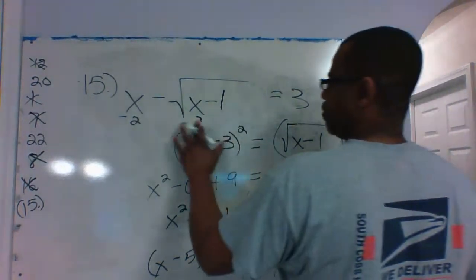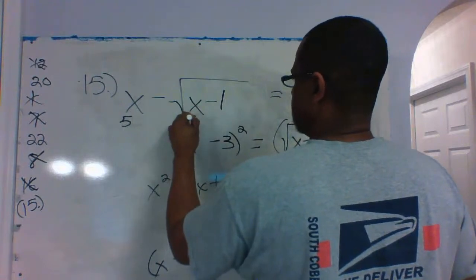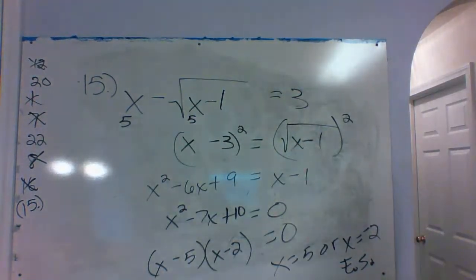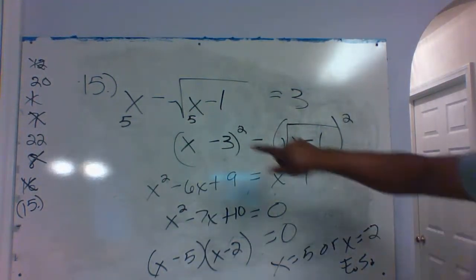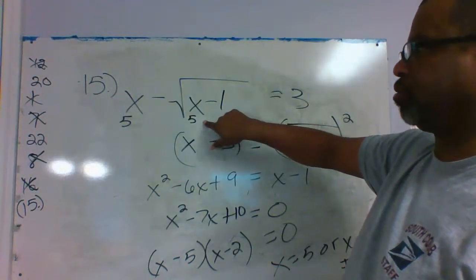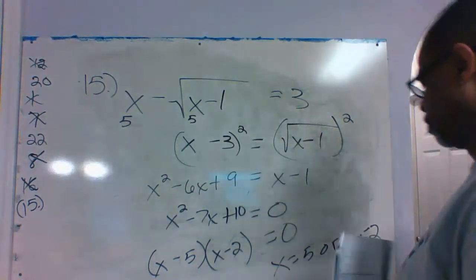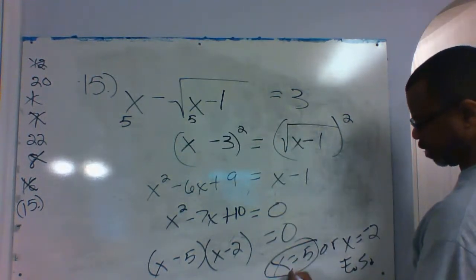Now, if we plug in 5 here, this will give us the square root of 4, which is going to be 2. And 5 minus 2 gives you 3. So this is your solution right here.